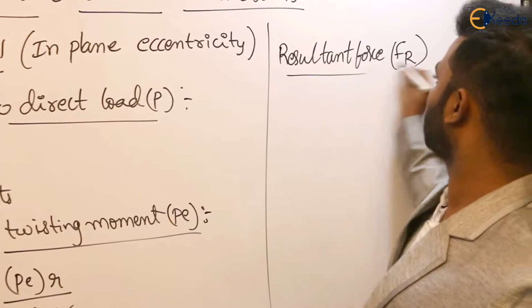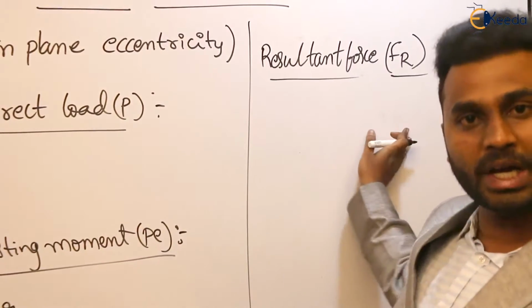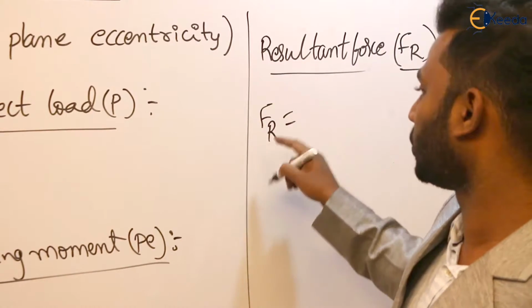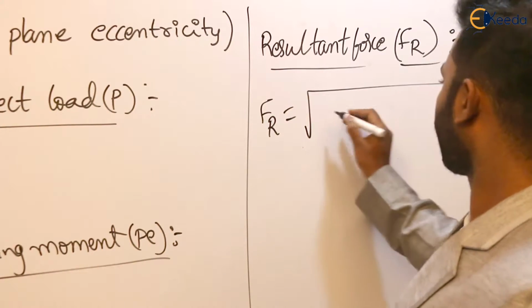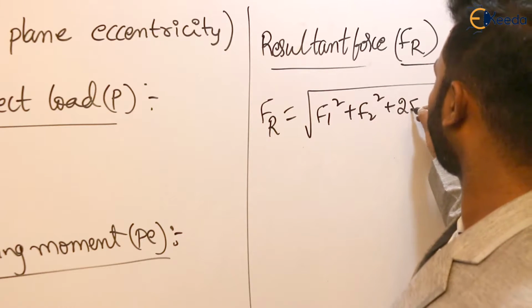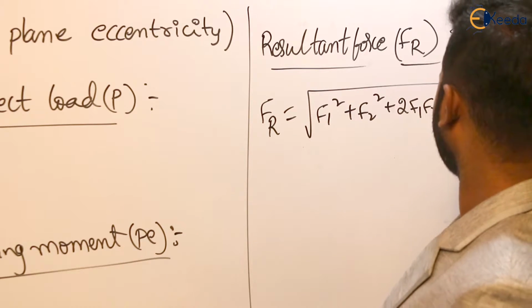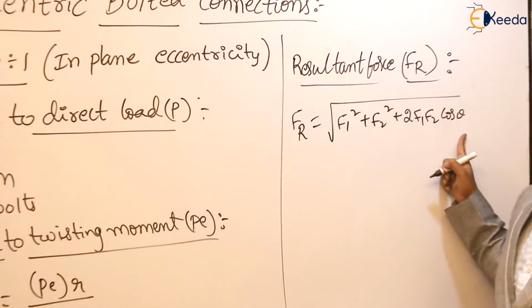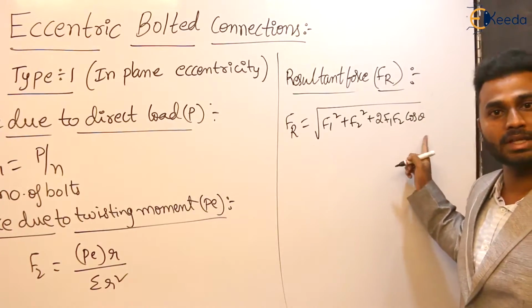So how to calculate this resultant force Fr? By using the parallelogram law. So Fr is equal to under root F1 square plus F2 square plus 2F1 F2 cos theta. We know how to calculate R and theta. So this is the resultant force.